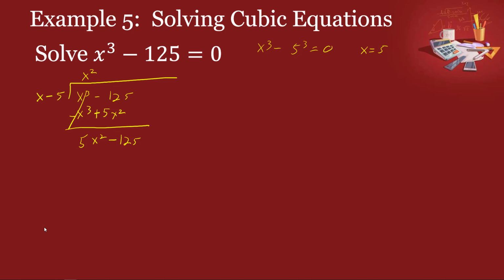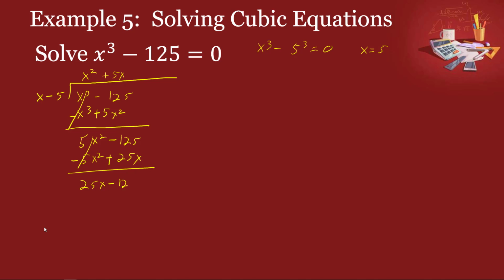Okay, now to get 5x², we need to multiply x by 5x. So I'm going to do plus 5x. All right, that will give me 5x² − 25x. I can change the sign and add. These cancel.